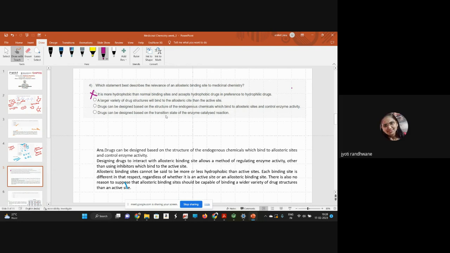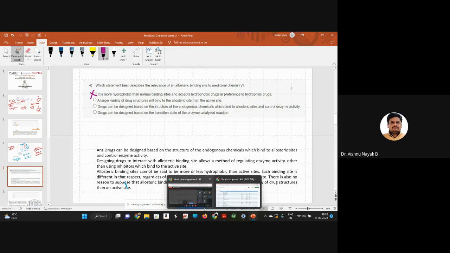Sir, what is allosteric binding? Anybody wants to say what is allosteric binding? In a protein, we are having one active site and another one, the allosteric site. When the drug binds to the active site, that will change some conformation in the allosteric site also. But the allosteric site is other than the active site.